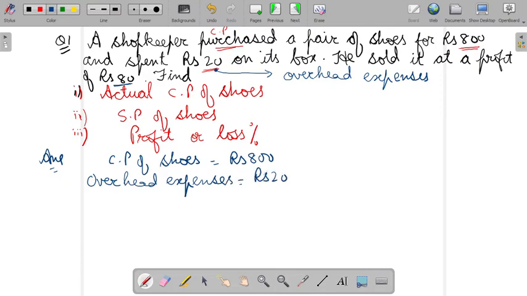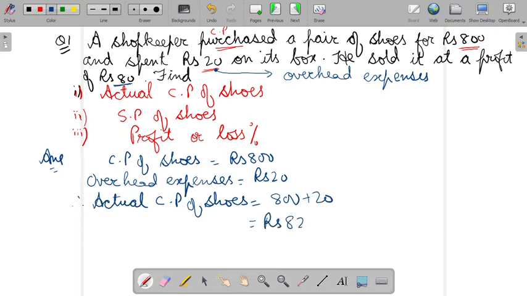So can you tell me what will be the total actual cost price of the shoes? It would be 800 plus 20, so this would be rupees 820. So 820 will be the answer for the first part.